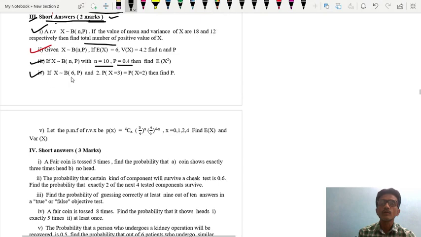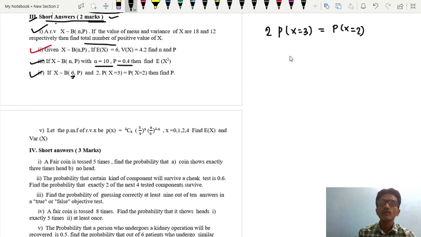x follows binomial distribution with parameter n is equal to 6, and what equation is given, कौन सा equation आपको दिया है, 2 times p of x is equal to 3 that is equal to p of x is equal to 2.